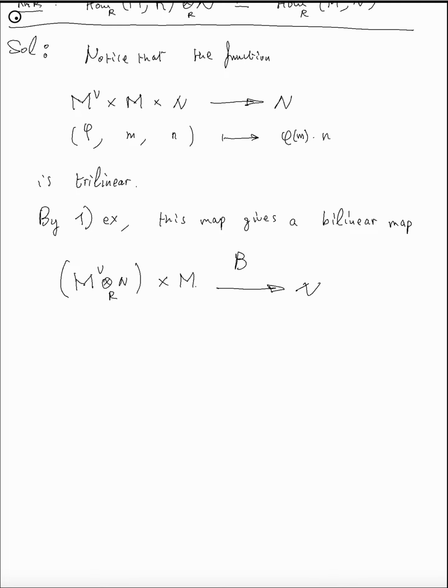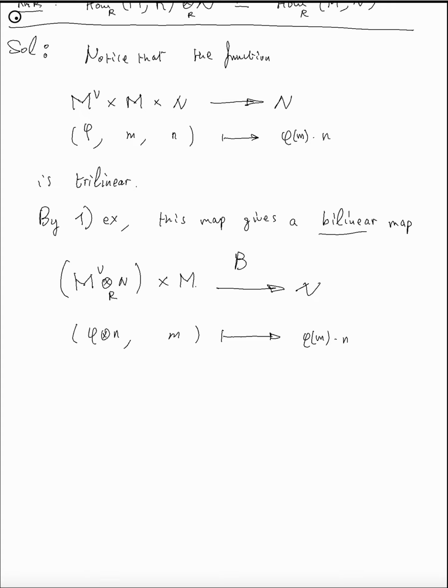This gives a bilinear map. This map, as the first part of the exercise tells, has the same image as before, so it's again phi M N. And it tells you that if at the beginning it is multilinear, then after you reduce it to such a form, it is still multilinear, which means here it is still bilinear, right?